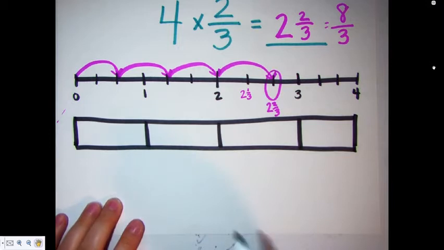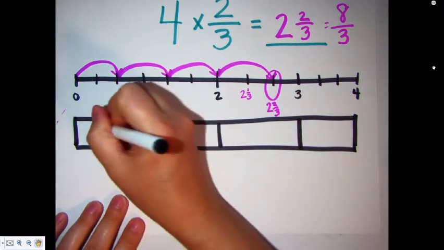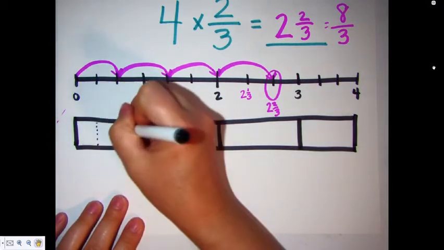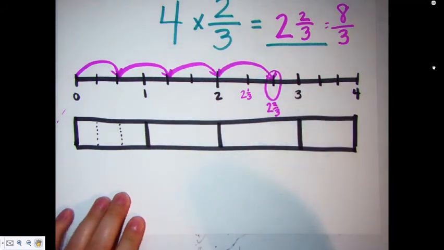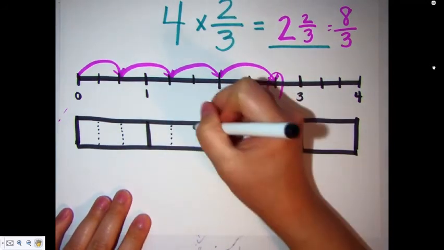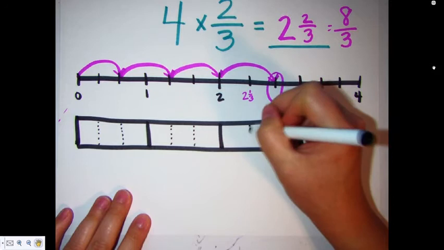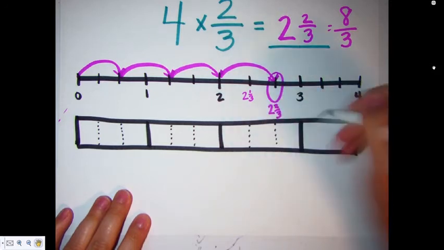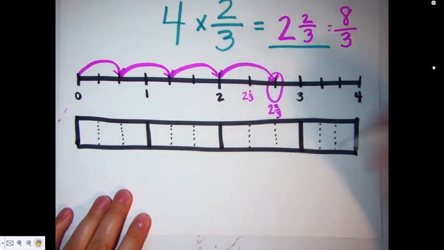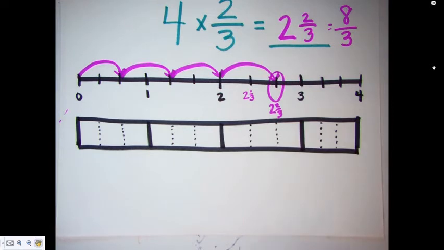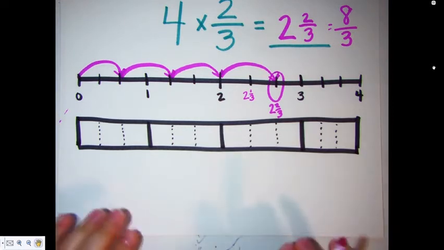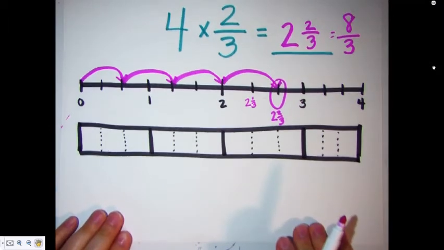And I'm actually going to go ahead and draw my lines in so that I can see where the thirds are, because I'm going to be using groups of thirds. It'll be easier if they're already marked for me. Now, I have my thirds, so I can go ahead and start marking them. I need four groups of 2/3.